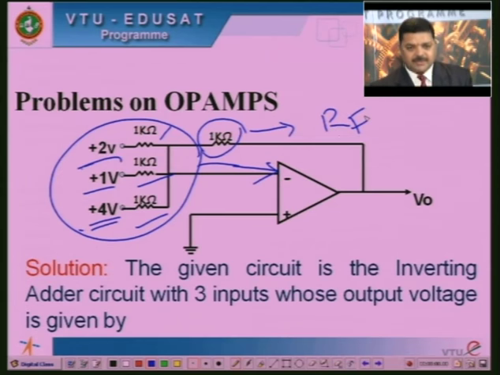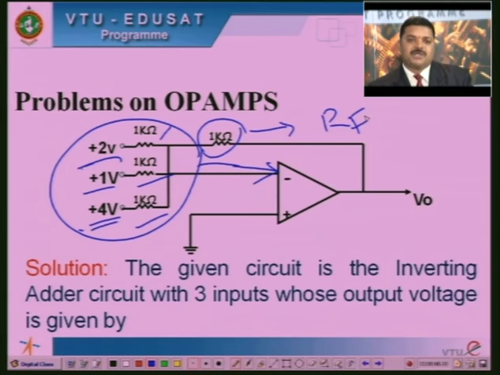So, all the values are given, only a substitution. This type of problem is just a substitution kind of problem. In that case, we need to remember what the output voltage is. Output voltage in this case is given by minus Rf by R1 into V1 plus Rf by R2 into V2 plus Rf by R3 into V3.